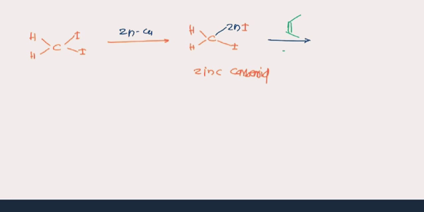What type of reaction proceeds here? The alkene reacts stereoselectively, and the CH2 makes this type of transition state. This iodine is covalently bonded, and this is the zinc-iodine. Finally, with the removal of ZnI2 as the byproduct, you get the cyclopropane.